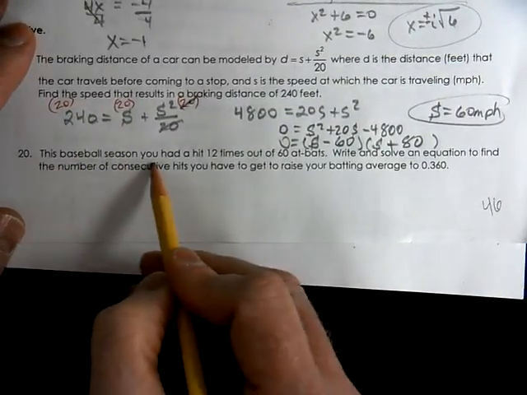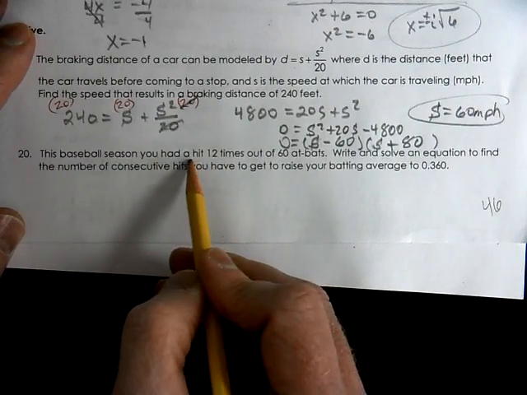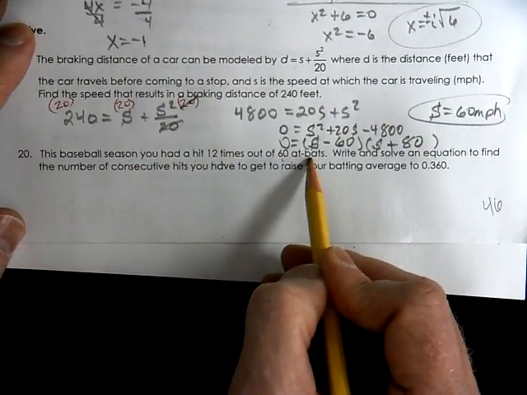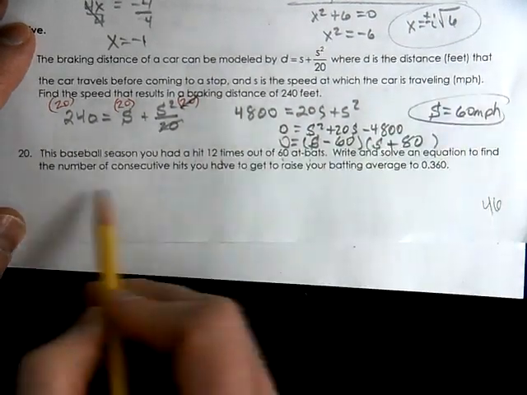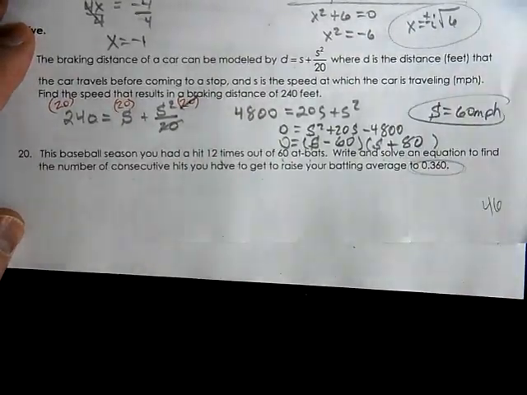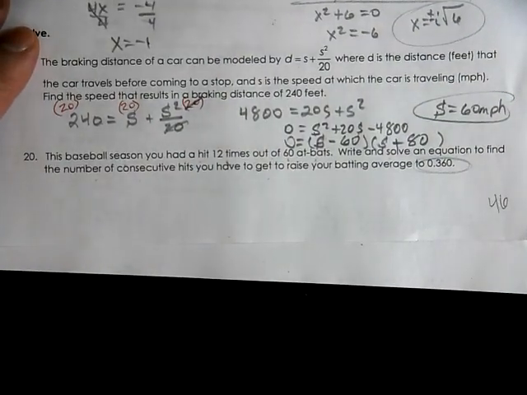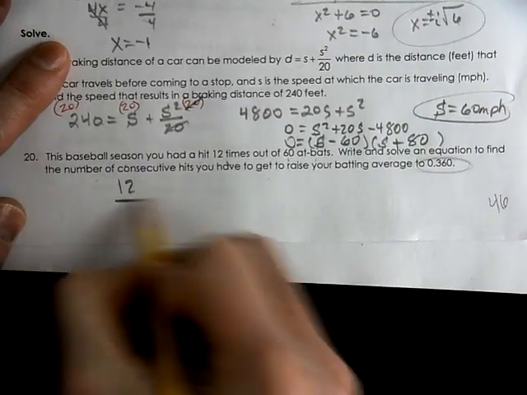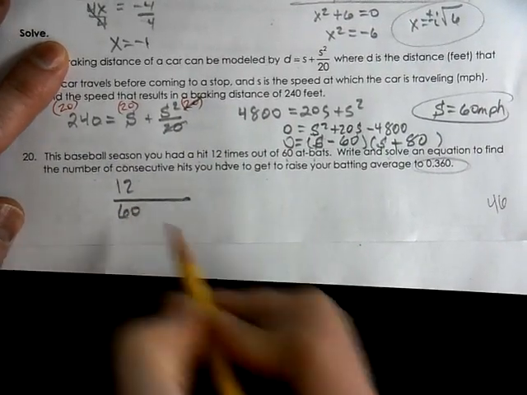This baseball season, you had a hit 12 out of 60 at-bats. Write and solve an equation to find out the consecutive hits you need to raise your batting average to 36%. Well, you have 12 out of 60 at-bats.